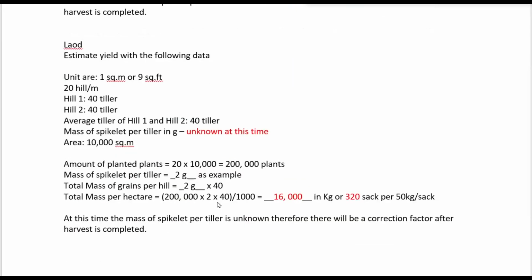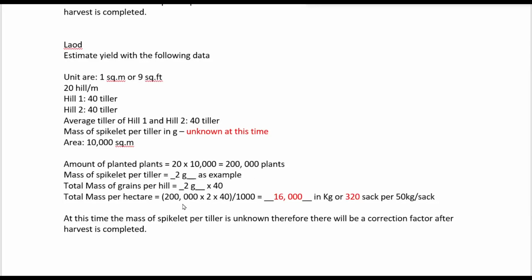So the other place is Laod, and we measured 20 hills per square meter. Hill 1 has 40 productive tillers and hill 2 has 40, so the average is 40. Again, it's 10,000 square meters, and 20 hills times 10,000 is 200,000 plants, and 2 grams as an example.